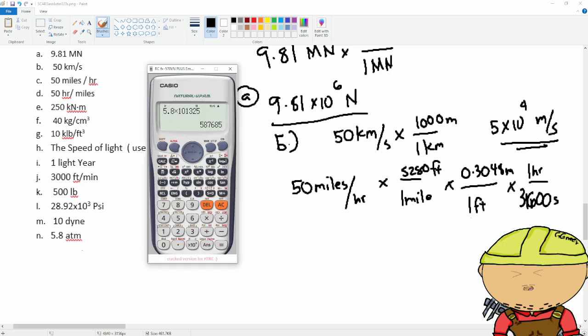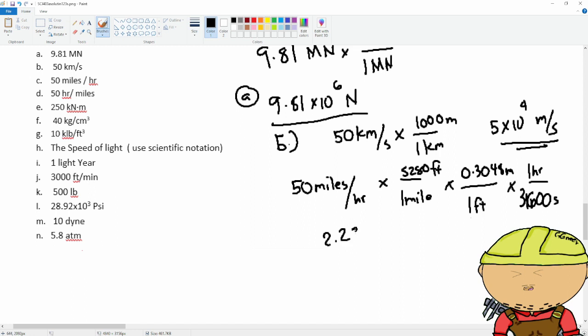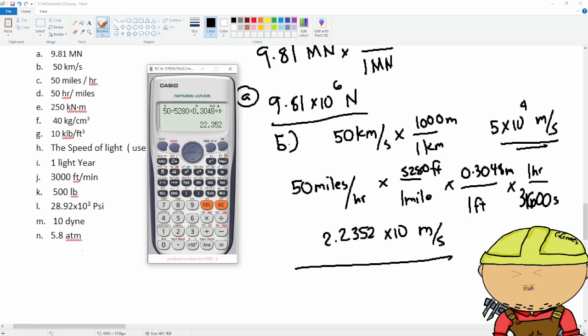So what will be our answer: 50 times 5,280 times 0.3048 divided by 3,600, which gives 2.2352 times 10 meter per second. And that's a non-prefix. Meter, gram, second. Okay, I think that's the most correct or logical answer from that metric system.